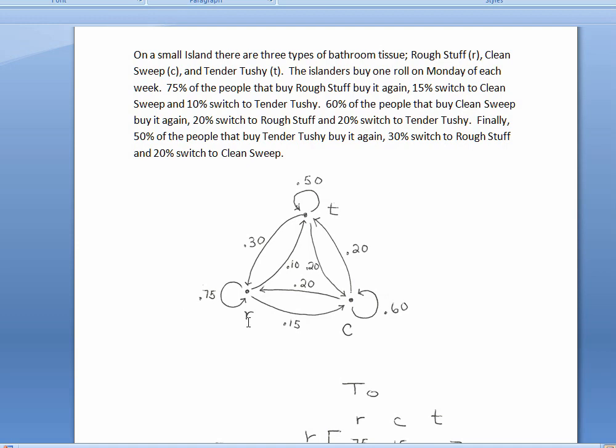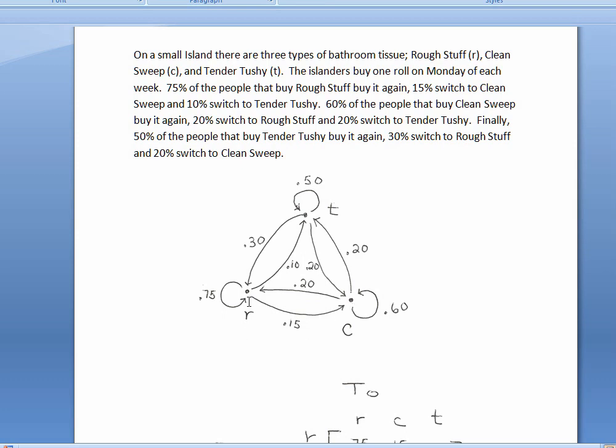Now, if you look at the vertex that's labeled R right here, you see this closed loop that's labeled 0.75. It tells you that 75% of the people that buy rough stuff are going to buy it again next week. If you follow this edge that goes from R to C, it tells you that 15% of the people that buy rough stuff are going to switch to clean sweep.